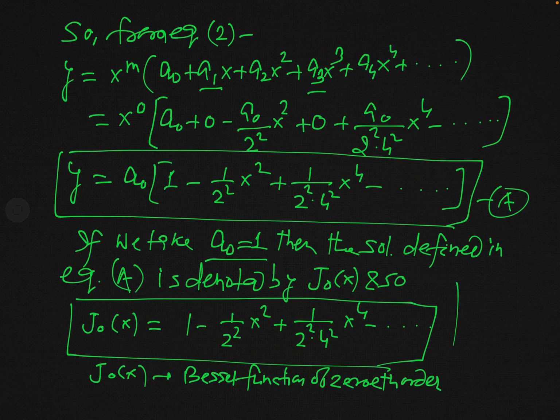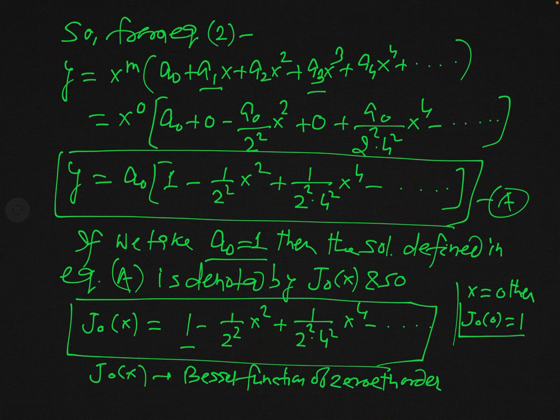You can easily see that if we take x equal to 0, then what will be the Bessel function of zeroth order? In fact, J naught of 0 then will be simply equal to 1. Since x is 0, all the higher order terms will vanish, only 1 will remain here, because all the higher order terms will contain x, and x is 0, so all those will be 0.